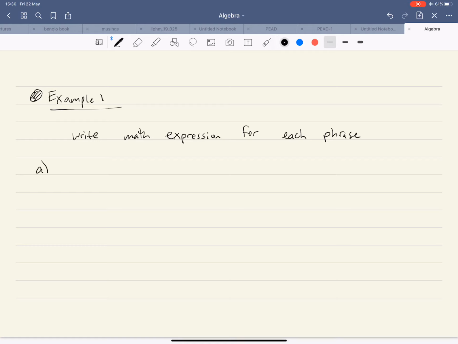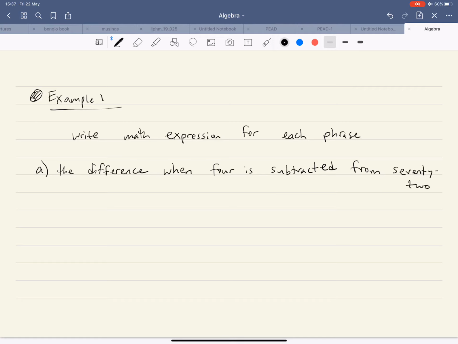So the first phrase that we'll look at is the difference when 4 is subtracted from 72.